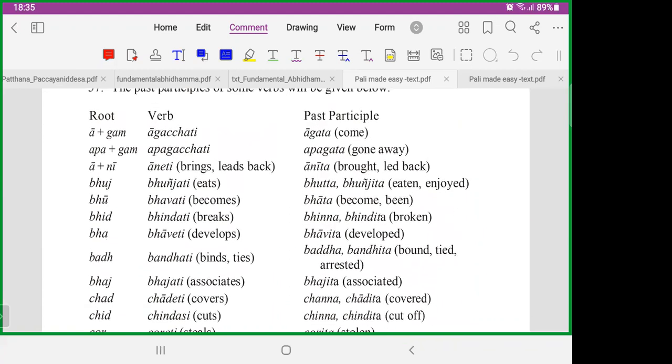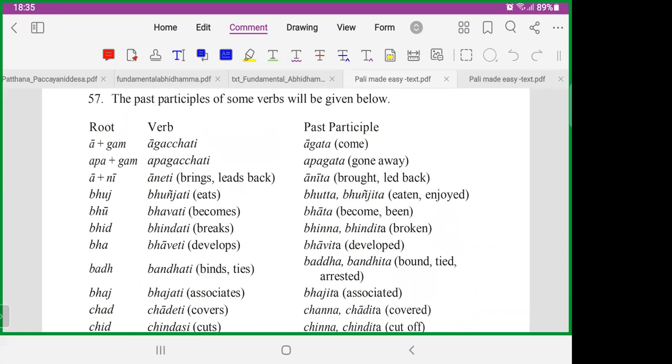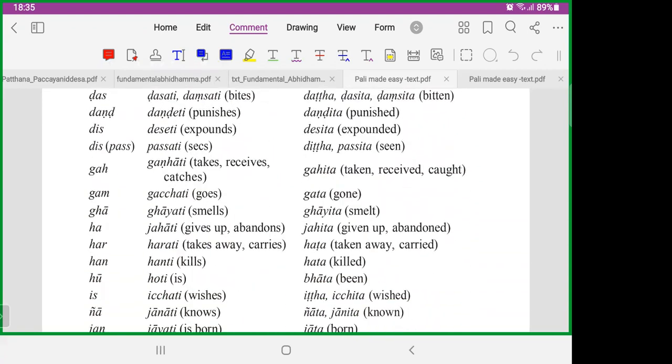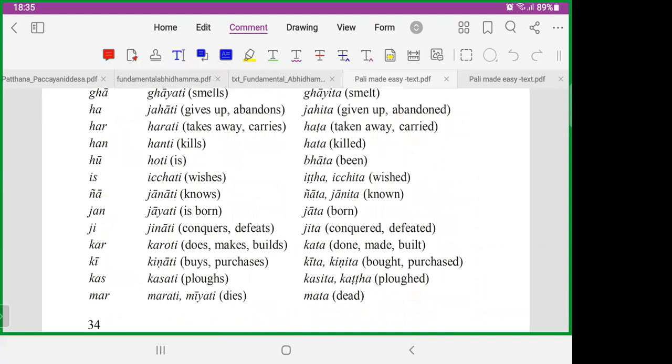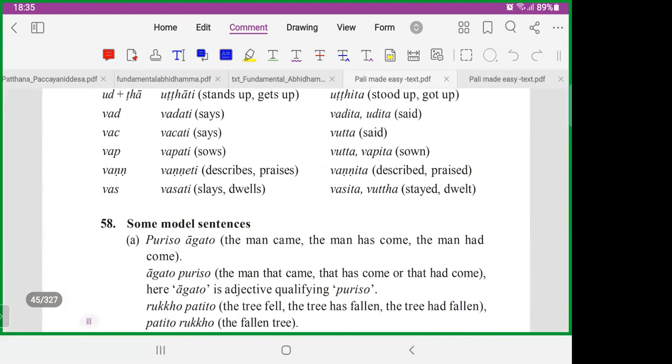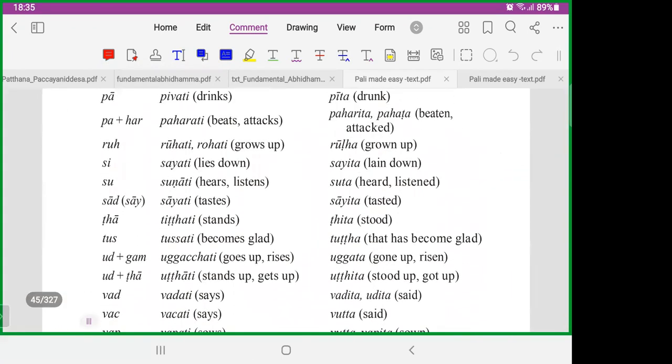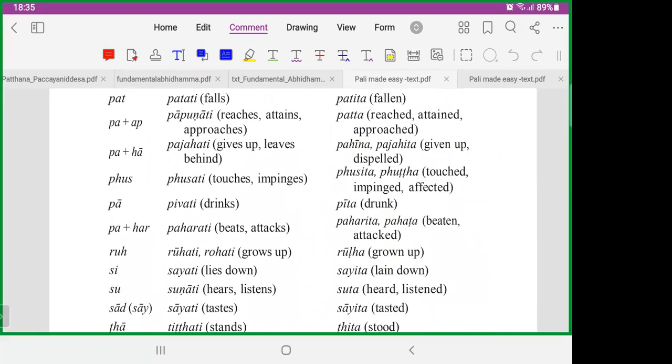It already shows the root here. The first column is the root, the second is the verb, and the third is the past participle, which can be ta or na. Some of these you will actually come across in lessons 1 to 14. So it's very helpful if you can memorize this. Then when you study lessons 1 to 14, it's easier for you.